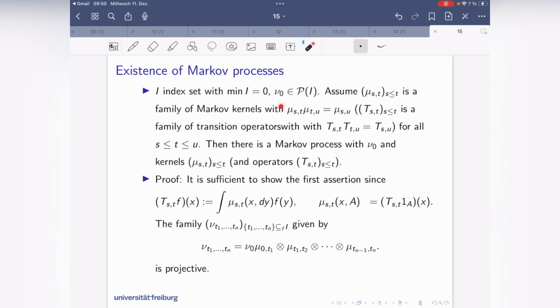Okay, I have an index set, I have the initial condition, I have mu_st a family of Markov kernels, or equivalently T_st a family of transition operators, satisfying the Chapman-Kolmogorov equations, either for the Markov kernels or for the transition operators. Then it is claimed here there is a Markov process with the desired kernels or operators. So you only have to show that you have Markov kernels which satisfy the Chapman-Kolmogorov equations, and then you get a Markov process. So that's a way of constructing a Markov process.